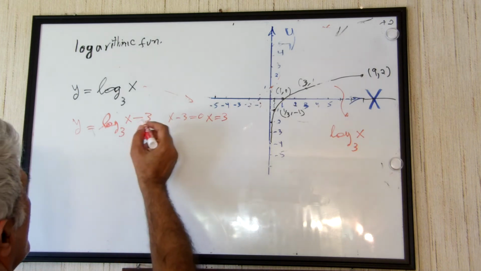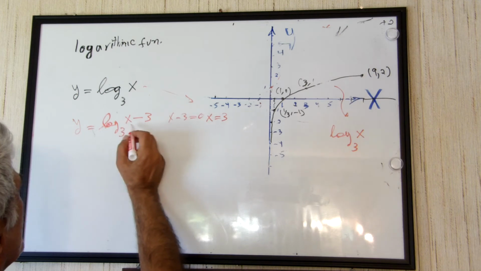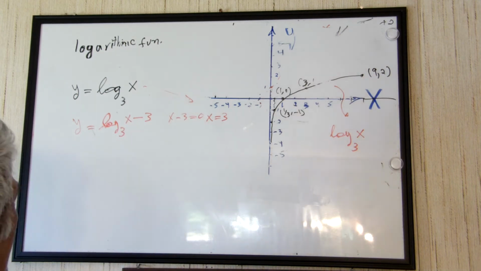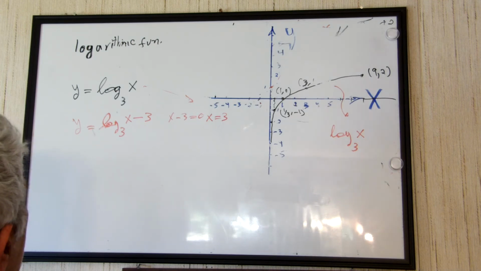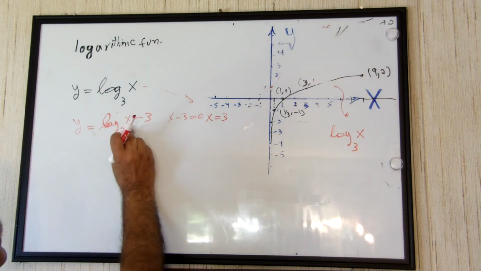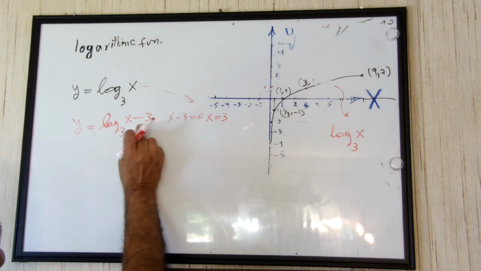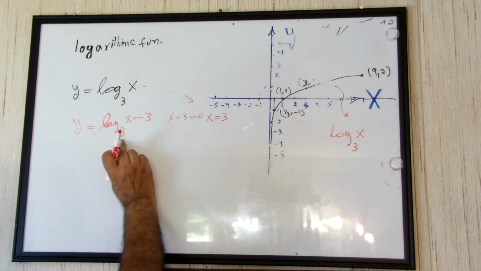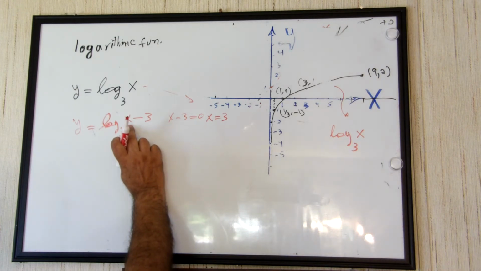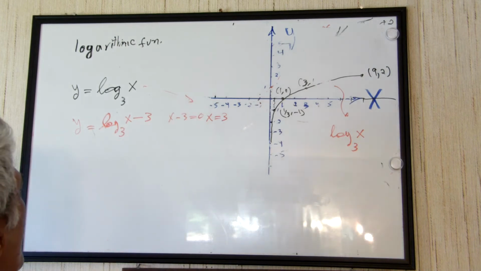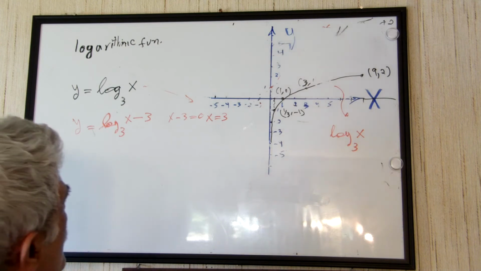Sometimes you give a value to x and it's hard to find, and you need a calculator. If you give x 9, it's going to be 9 minus 3, which is 6. You put it in the calculator and you find the answer. But for drawing, it's easier to say this one.